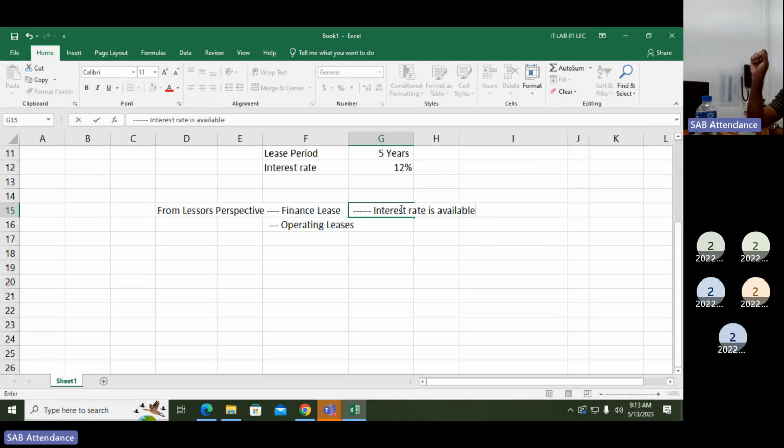For example, you lease a motor vehicle, normally with the bank. In that case, the bank has the lease interest rate because they entered into a finance lease.